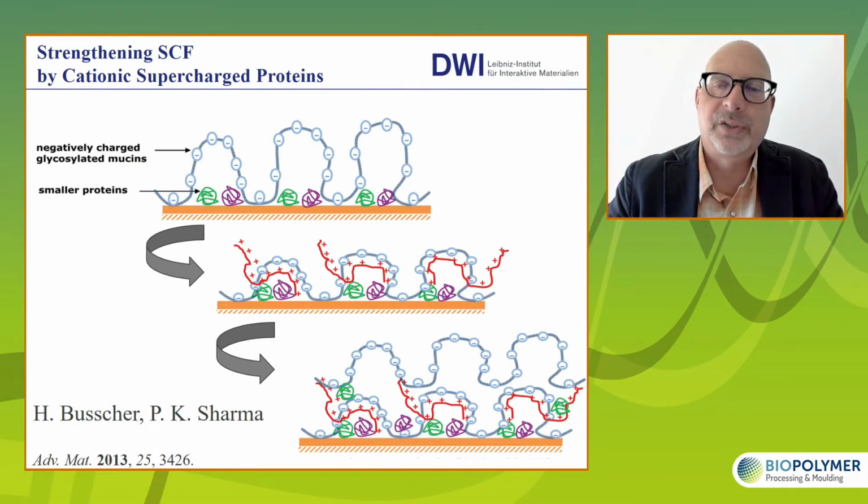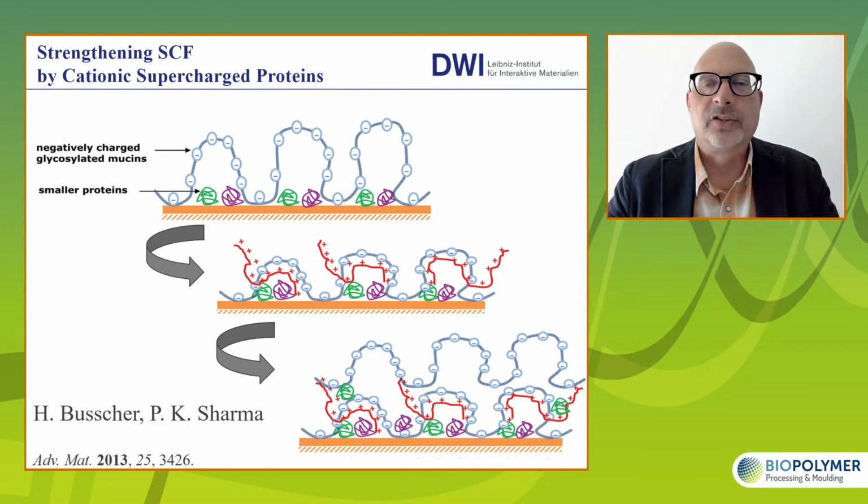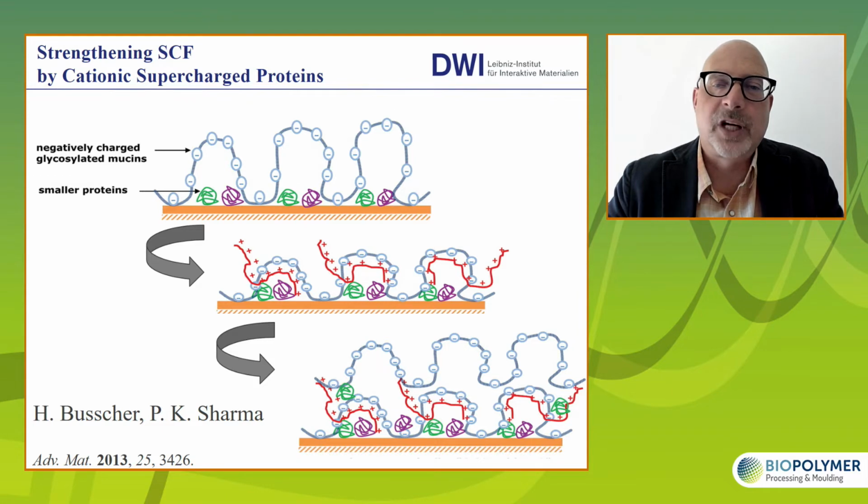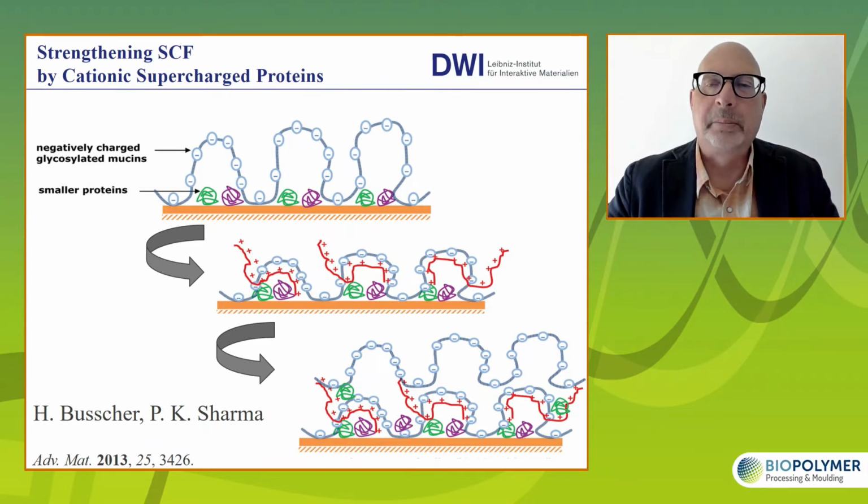And these mucins we want to stabilize with the supercharged polypeptides, and we engineer the supercharged peptides with such a chain length that there is always excess charge present on the surface, and with this excess charge we recruit new mucins that are produced, and by this we produce a very stable and smooth layer that allows low friction.